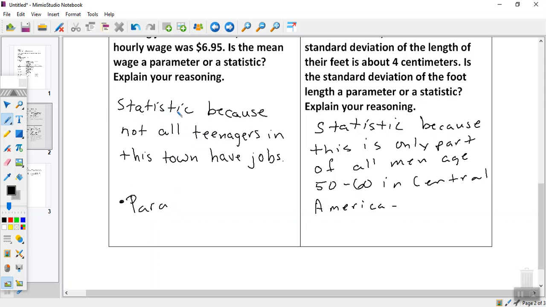But if you only look at the group that you're dealing with as all teenagers that have a job, and that's the only thing that's going to qualify them for that population, then could you argue parameter then? Do you guys see what I'm saying there? So could I say this would be a parameter if you're only talking about the kids that have what?